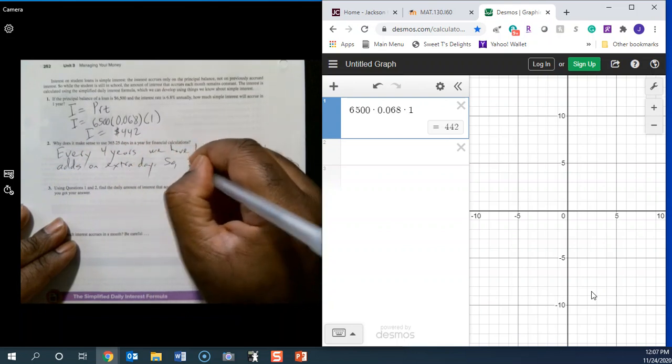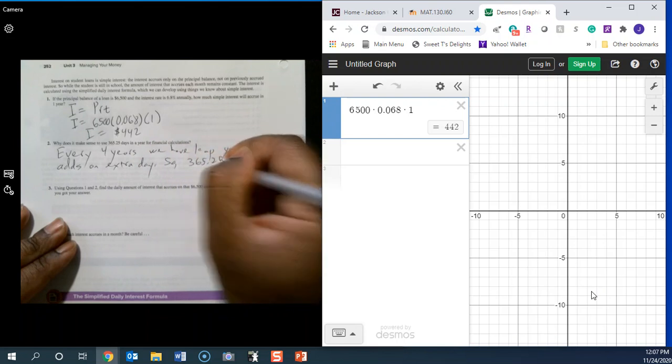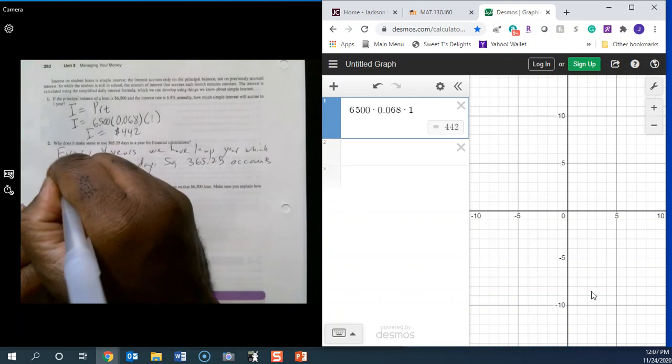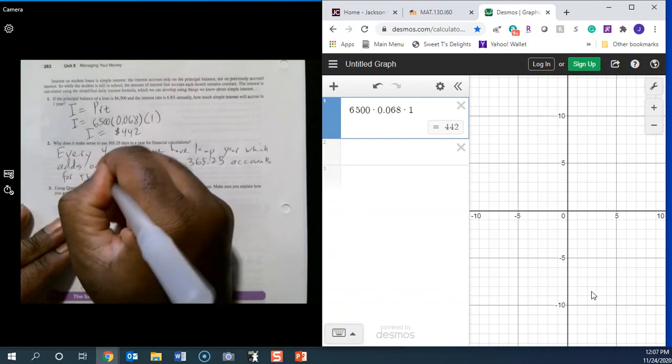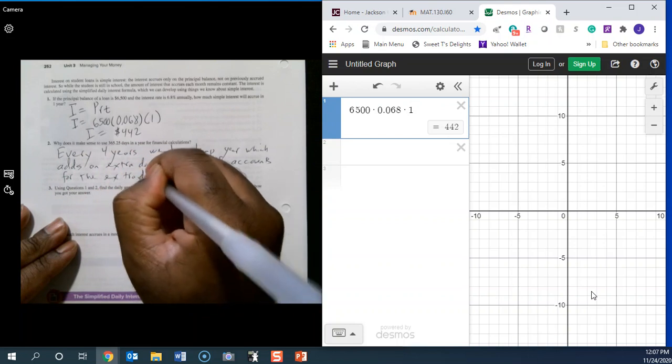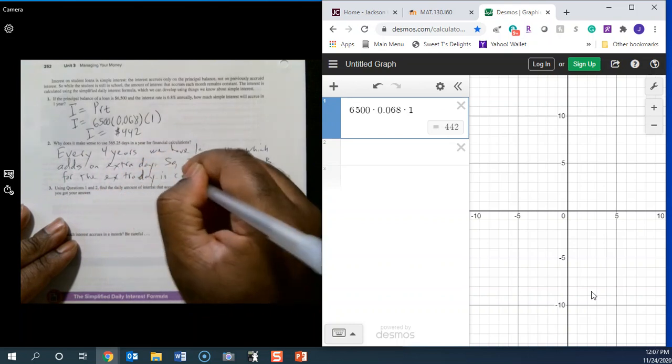So 365.25 accounts for the extra day in calculations.